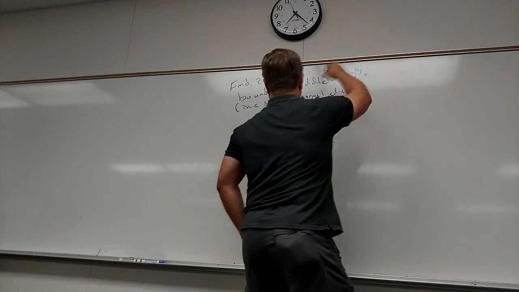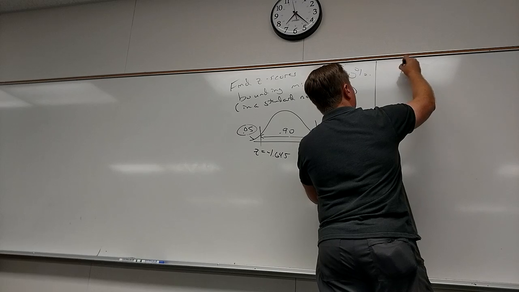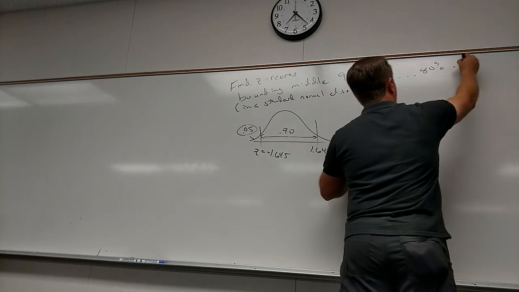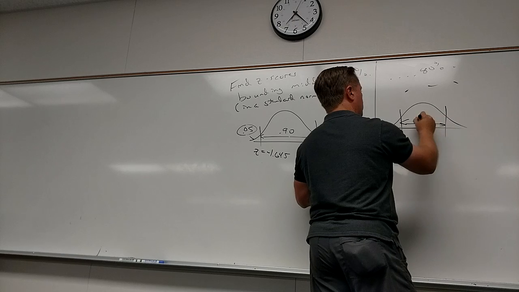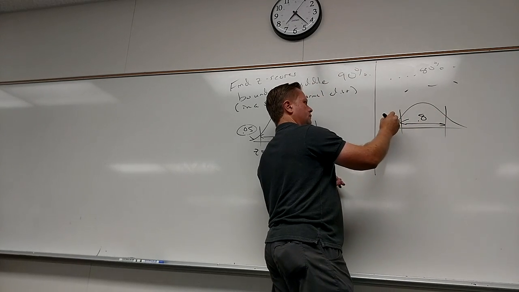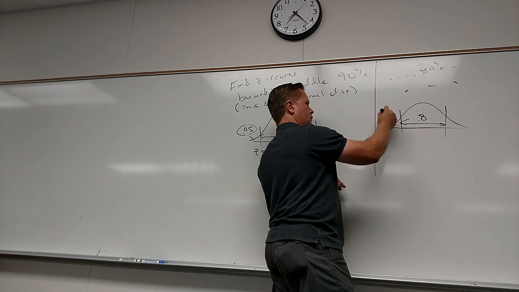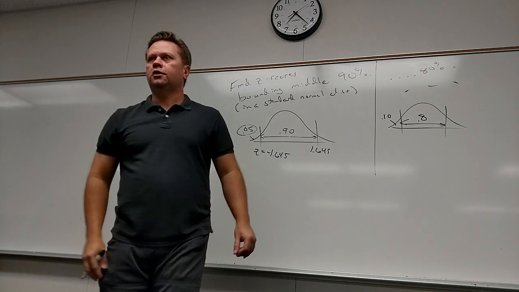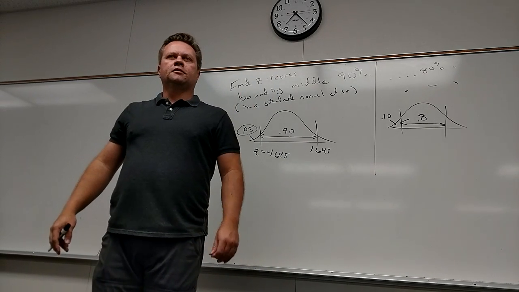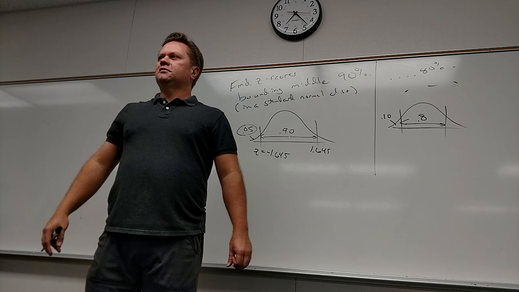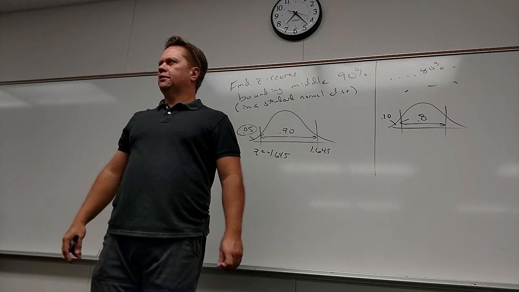It's the same exact process. So that's 80% in here, so how much is going to be on this side? 10. Yep. So look up 0.10, as close as you can get. Should get negative 1.28, I think.